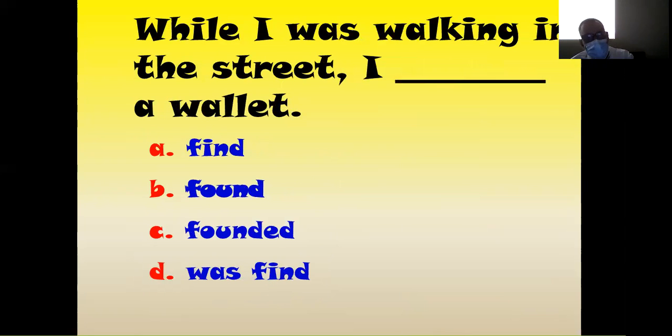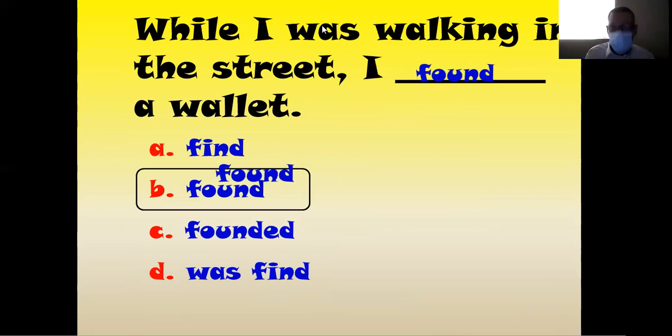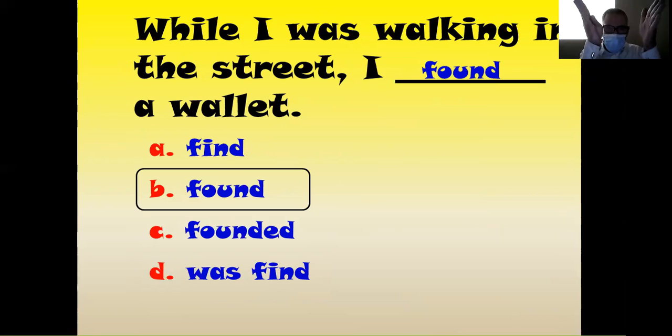While I was walking in the street, a wallet. I found. I was walking. I just want you to imagine the action. I was walking in the street. Then what happens to me? I found a wallet. Okay.